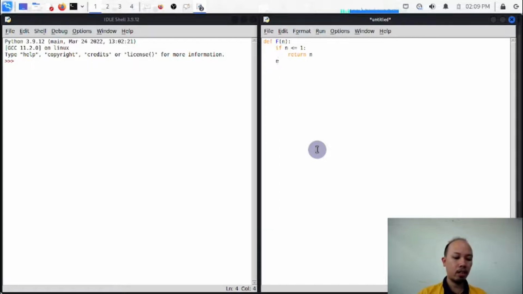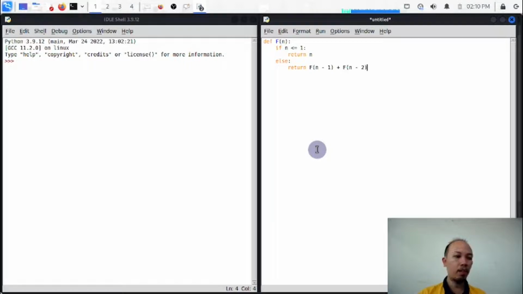Else, we compute the formula. So return f of n minus 1 plus f of n minus 2.